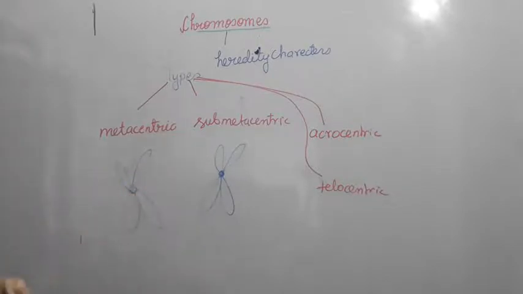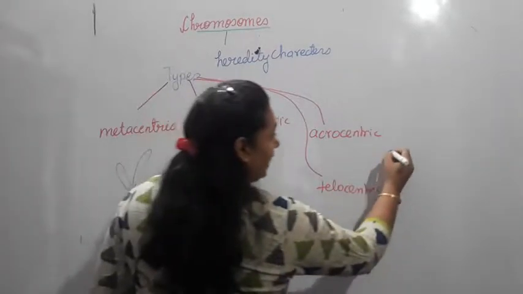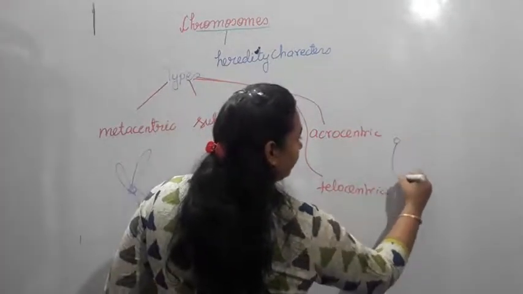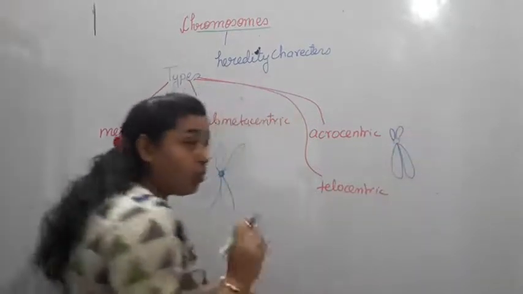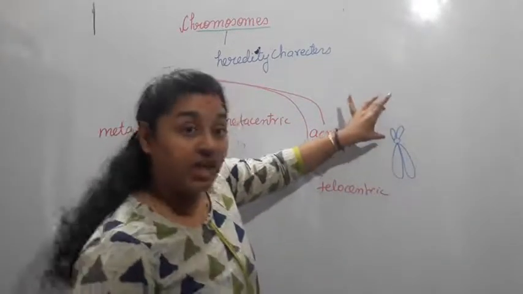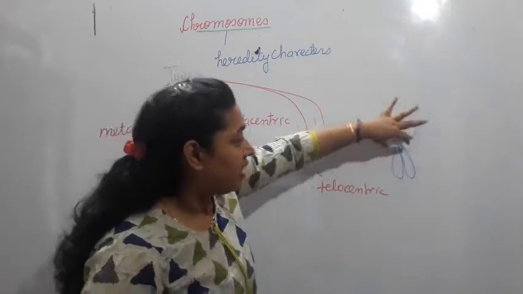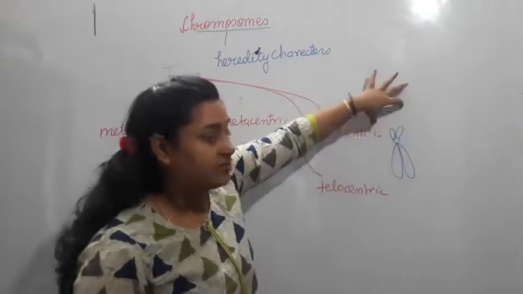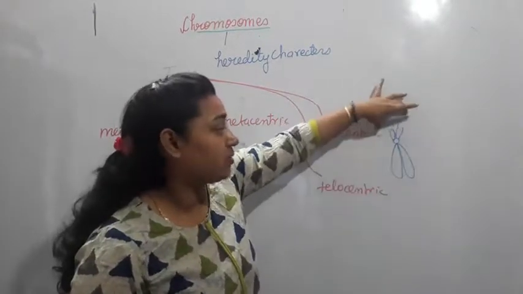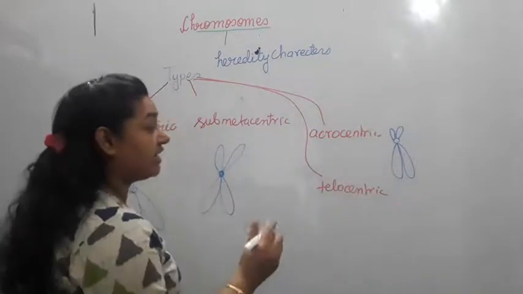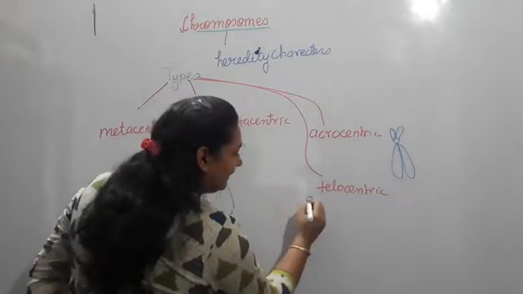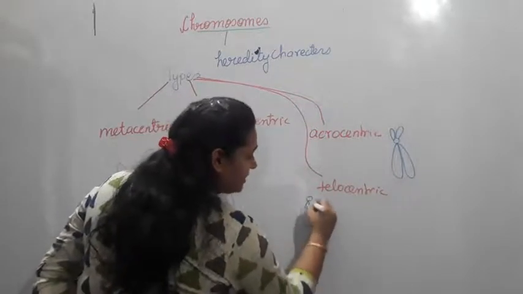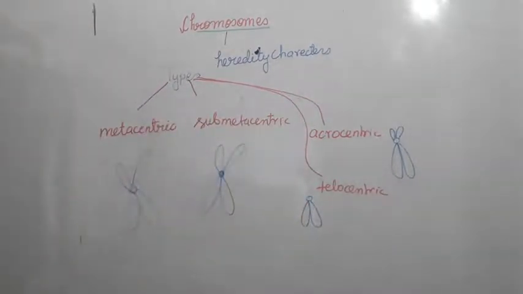Whereas in the acrocentric, you will watch that it is present a bit more towards the edge, and you will see a quite differentiated structure. This one is quite lower, this one is the smallest one. Whereas in the telocentric, you will find it completely at the edge. This kind of structure will be seen in the telocentric form.